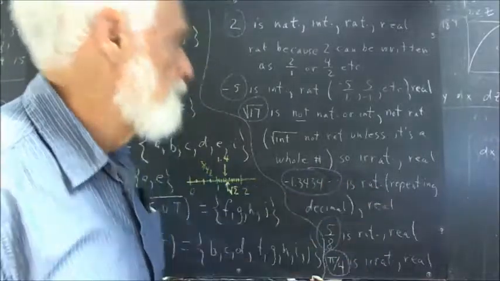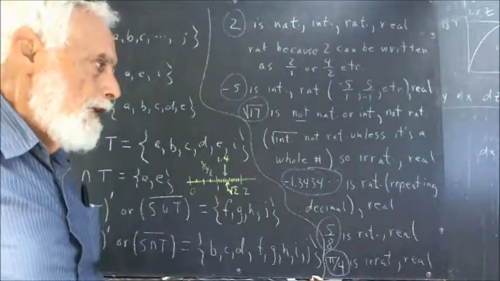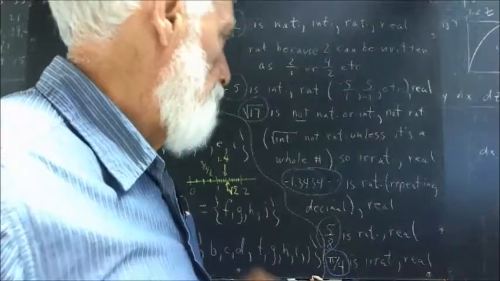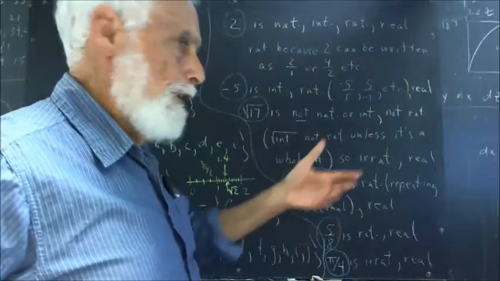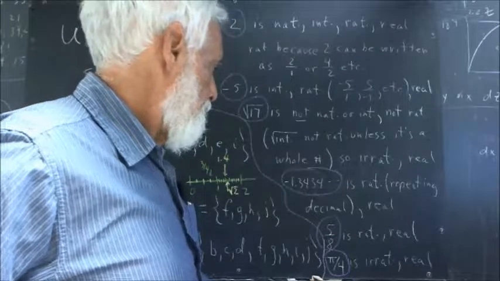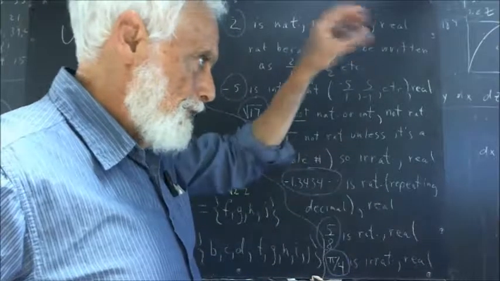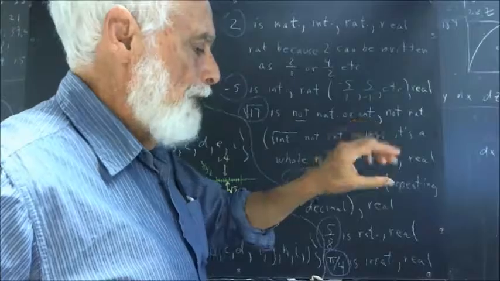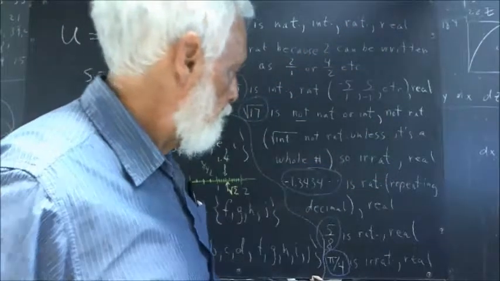Okay. Negative 1.3434 repeating is rational. You remember from long division, I hope, that frequently you'd get a long division where your answer started repeating. It started repeating because you brought down the same numbers that you had brought down before.